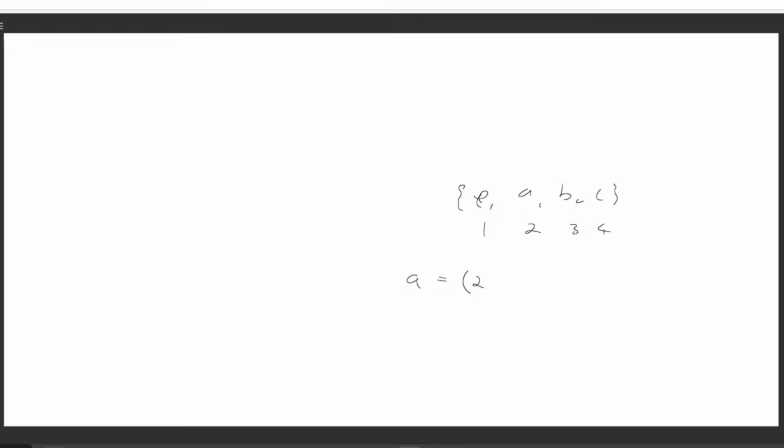And aa is equal to e, that means 2 goes to 1. Similarly, ab is equal to c, ac is equal to b. So the element a of the Klein 4 group V4 can be represented by this permutation in S4. Similarly, b can be represented as 1, 3, 2, 4. They have the same cycle structure.